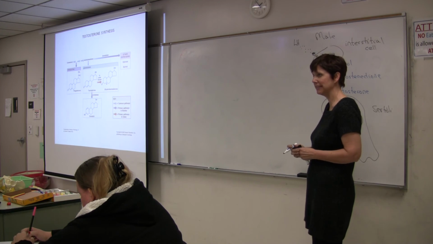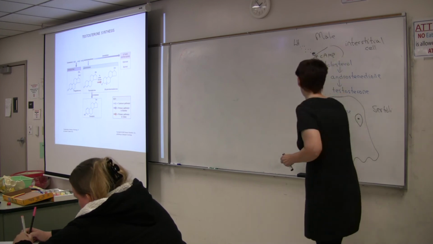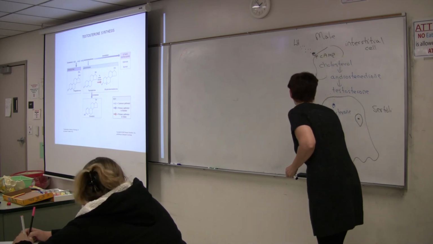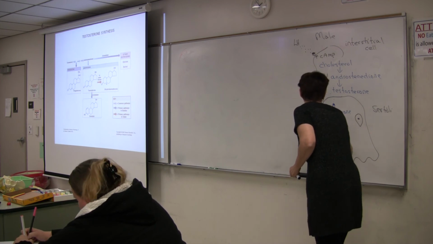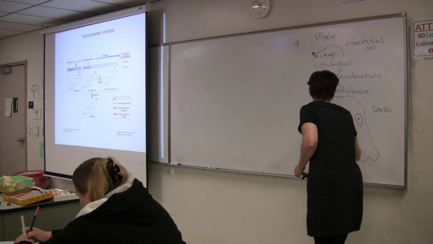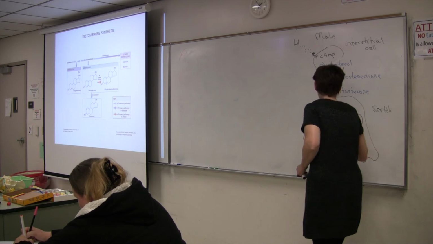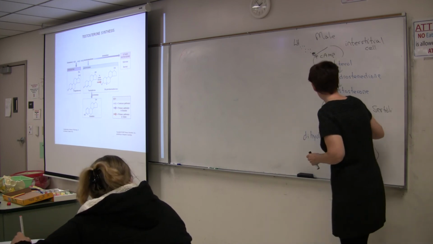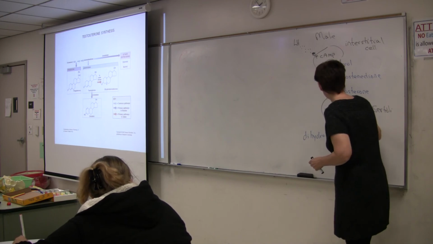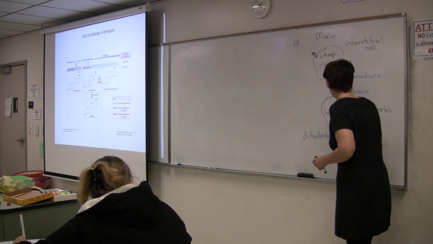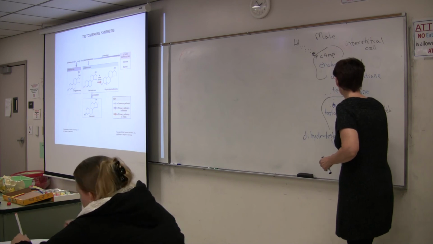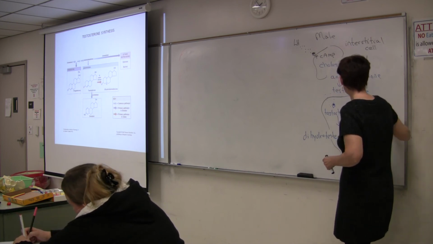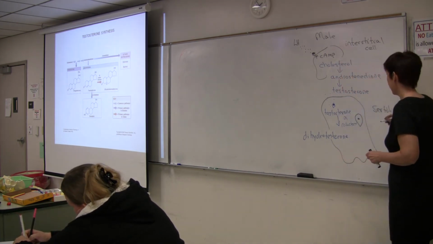Anybody remember that one? Dihydrotestosterone. And the enzyme that does that is found in a multitude of tissues, but it's also found here, 5-alpha reductase, or just alpha reductase. Notice that enzyme is in the Sertoli cell.